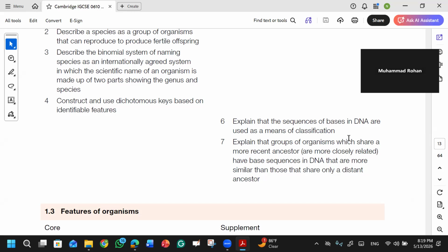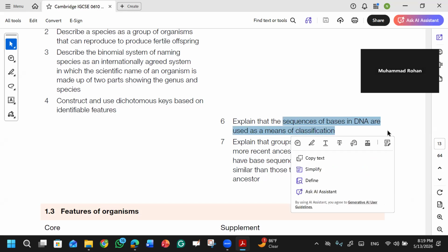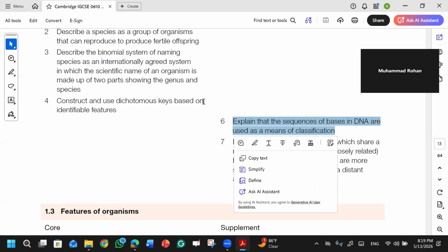Why does it happen? Because everybody has different DNA. This is what I'm asking: why does everybody have different DNA, even though there are just four bases? Read this. Maybe because of the uncommon ancestors. No, read this sixth point.